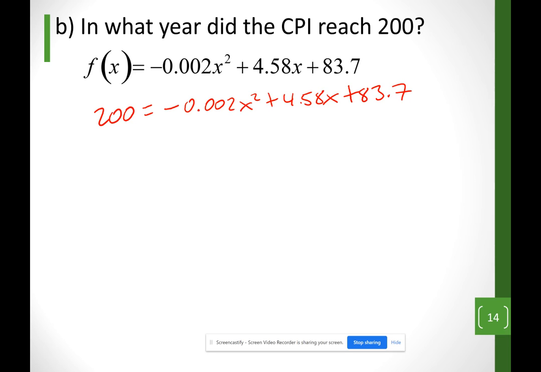Basically, when is this equal to 200? I'm going to let the left side equal 0, so let me subtract 200. I have that 0 equals negative 0.002x squared plus 4.58x minus 116.3.